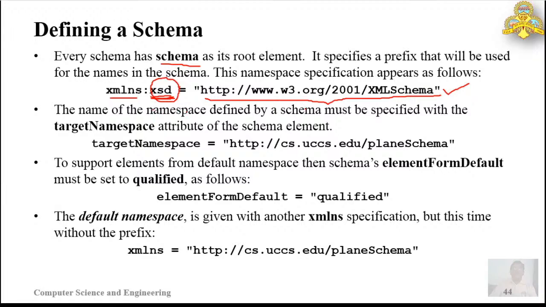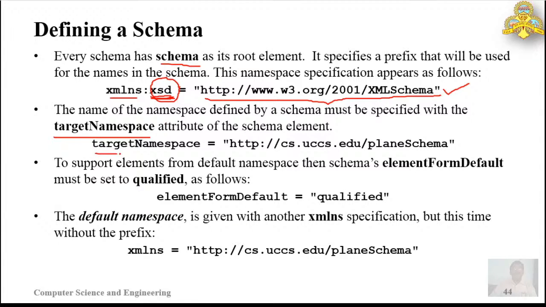So XSD is considered as XML schema, and the definition is provided in this URI. And we are creating the namespace prefix as XSD, and a target is to be provided for which application or web application we are creating this.